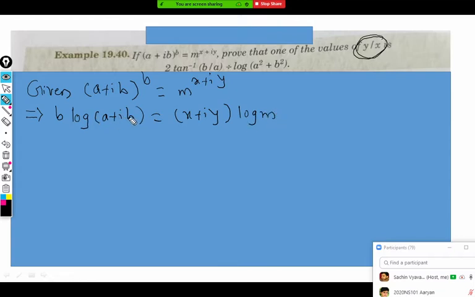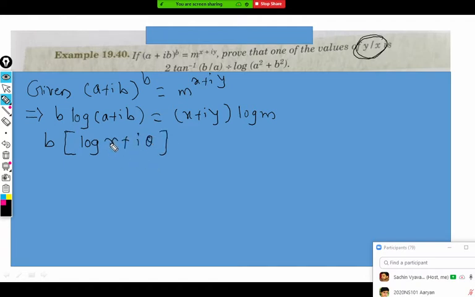What is the value of log of (a plus ib)? Log of r plus i theta.